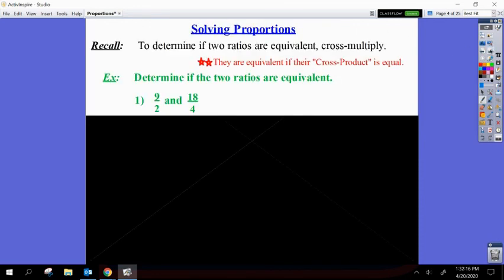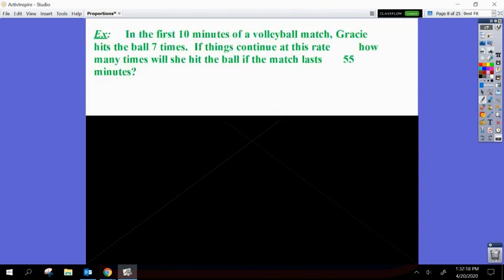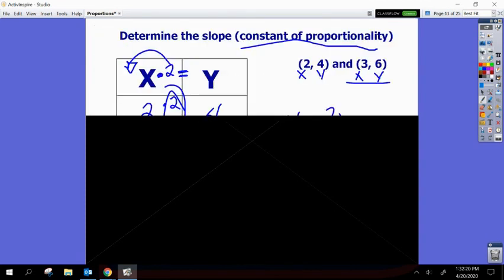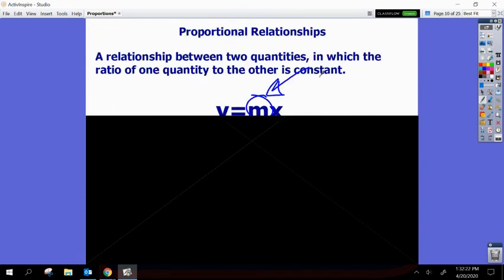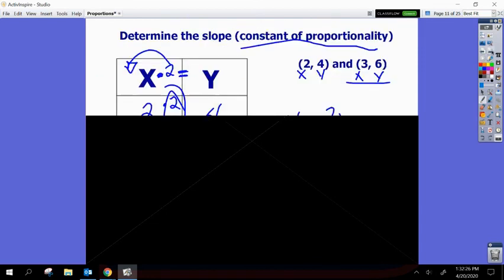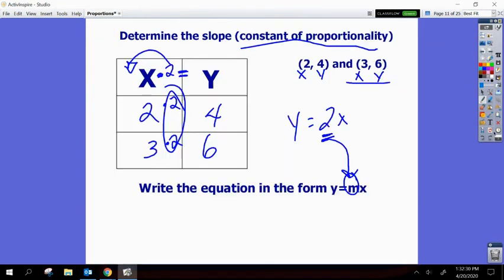The other thing you need to know is a proportional relationship can be demonstrated by a table where it's the same thing every single time. We spend time in class figuring it out by dividing, by multiplying, but you could just divide. 4 divided by 2, 6 divided by 3, we got the same number each time.